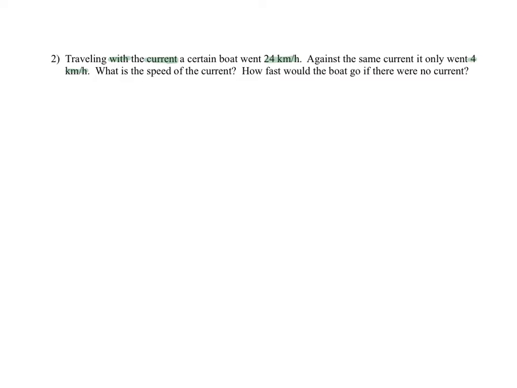How fast will the boat go if there were no current? So let's start again by identifying the variables. Let's call x the speed of the boat, and y the speed of the current.